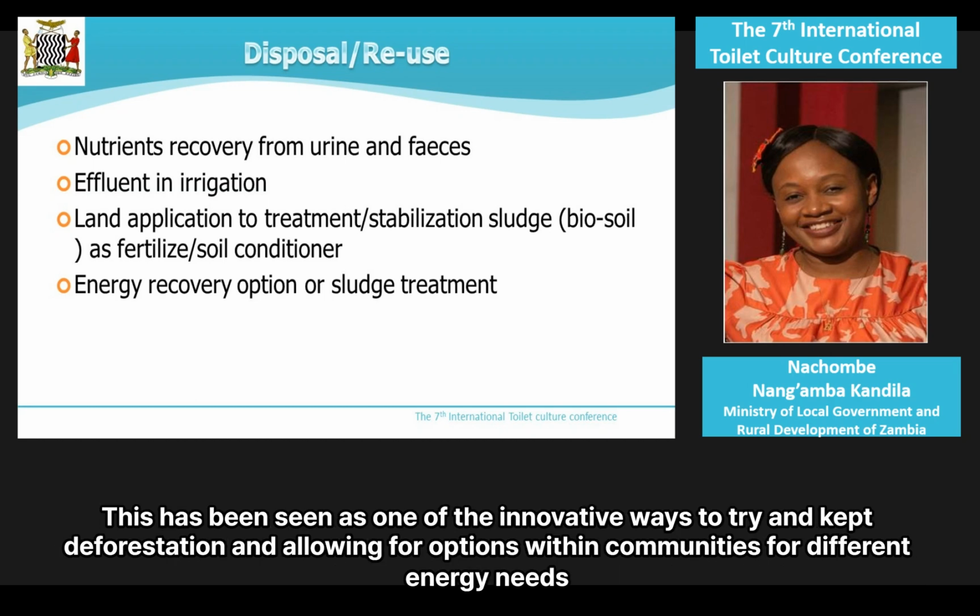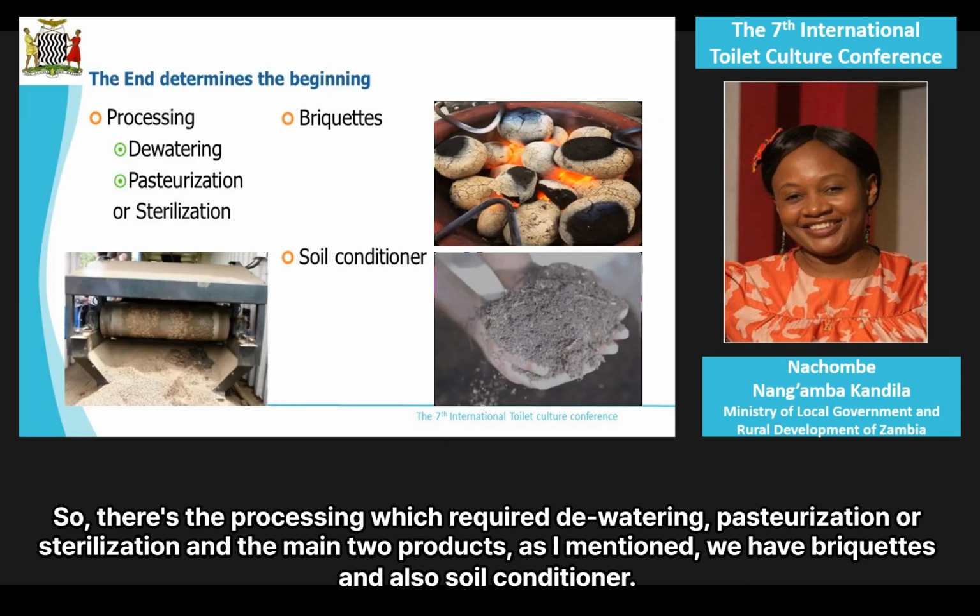This has been seen as one of the innovative ways to try and curb deforestation, allowing for options within communities for different energy needs. Of course, the processing will require dewatering, pasteurization, or sterilization. And the main two products, as I mentioned, are briquettes and soil conditioner.